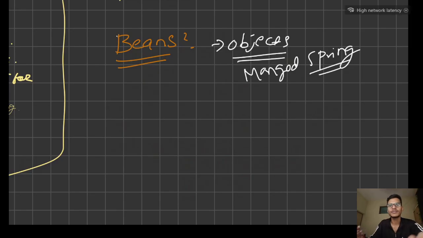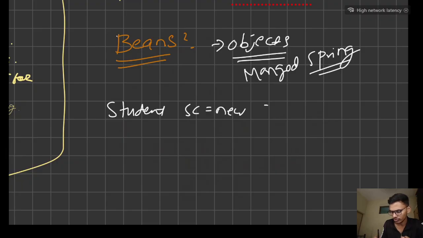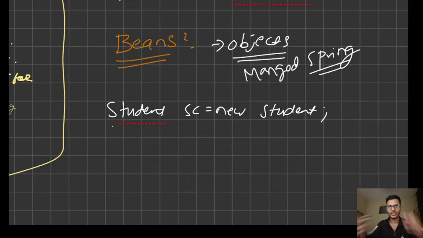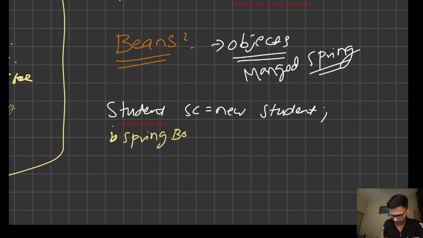Normally, a Java object looks like this: Student s = new Student. This is a normal Java object. But how does Spring Boot create the object for the class?